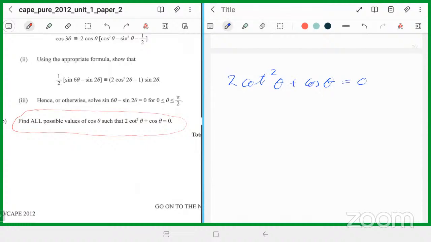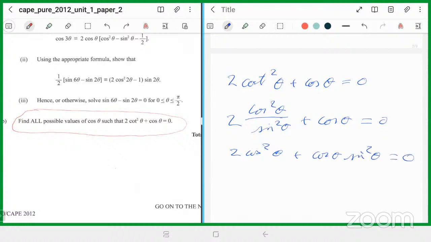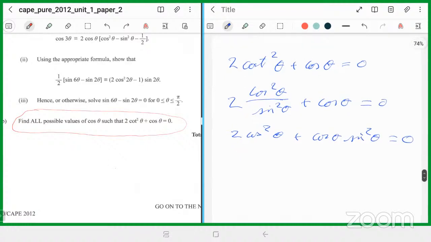There is more than one way to solve these questions. We can work with the fact that cot squared theta is cos squared theta over sine squared theta, put the 2 on this, and then put cos theta here equals 0. Multiply through by sine squared and get 2 cos squared theta plus cos theta times sine squared theta equals 0. Then I can factorize cos theta out of these two terms.